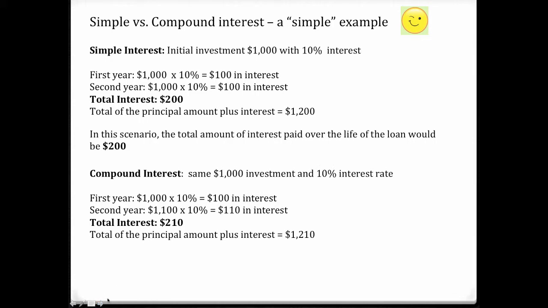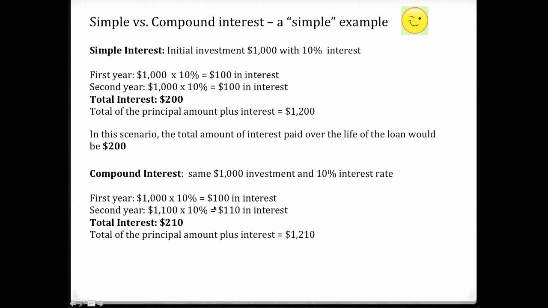Say it's the same thing, but let's talk about compound interest. I take that same $1,000 and now I've got an interest rate of 10% still, but after that first year when I earned my $100 in interest, that money goes back into the pot to then earn 10% on. So that extra $100 is earning 10% interest.